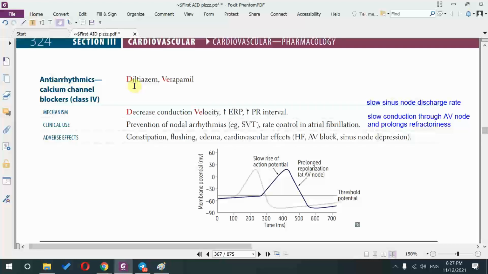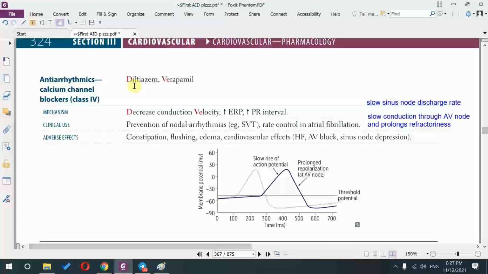So constipation, flushing, edema. And it can lead to cardiovascular effects, like, well, we just said it leads to PR interval prolongation, yeah? So if that is true, it's kind of like an AV block. PR prolongation, it's an AV block. So heart failure, AV block, and sinus nodal depression can occur.